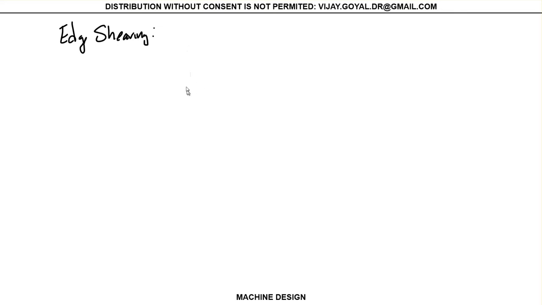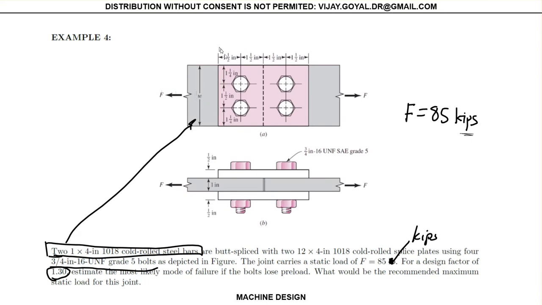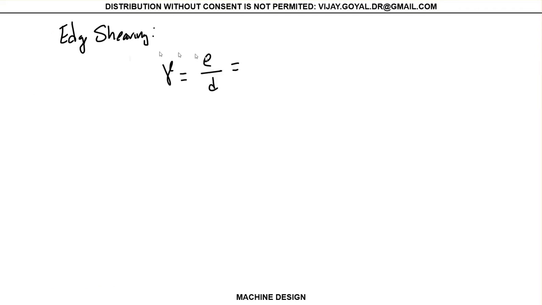the available area in your problem, gamma, is equal to E over D. If you look at your problem, it is this distance over here. This is 1.5. The edge is calculated in the direction of the load. So it will be 1.5 divided by your diameter 0.75. This gives you 2 inches, which is acceptable.